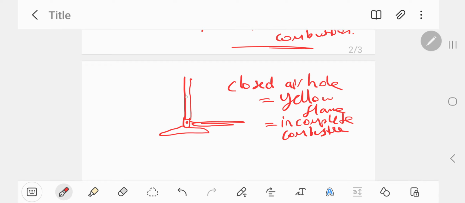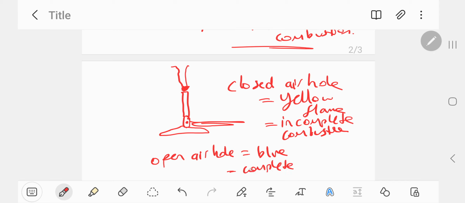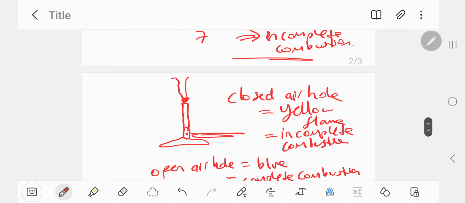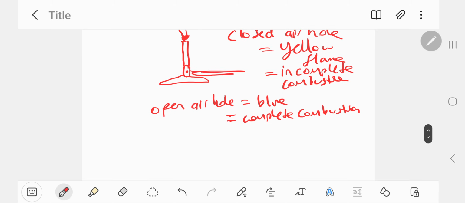If you put a test tube on top of the flame, you will notice eventually over time a black substance builds up at the bottom. That's carbon, that's soot. With an open air hole, however, you'll see a blue flame. That's called the heat flame, and that's a result of complete combustion because there's a plentiful supply of oxygen. Air hole is open, you're letting in more oxygen. And so that's combustion in a nutshell.